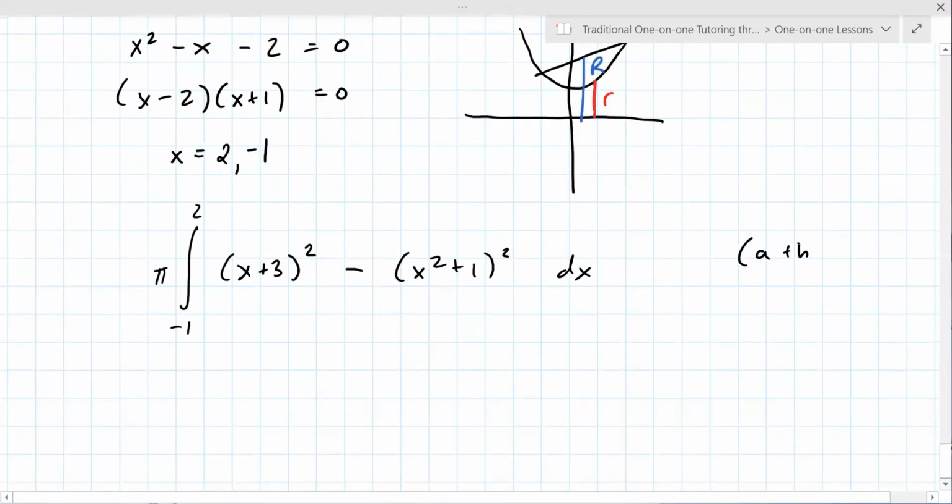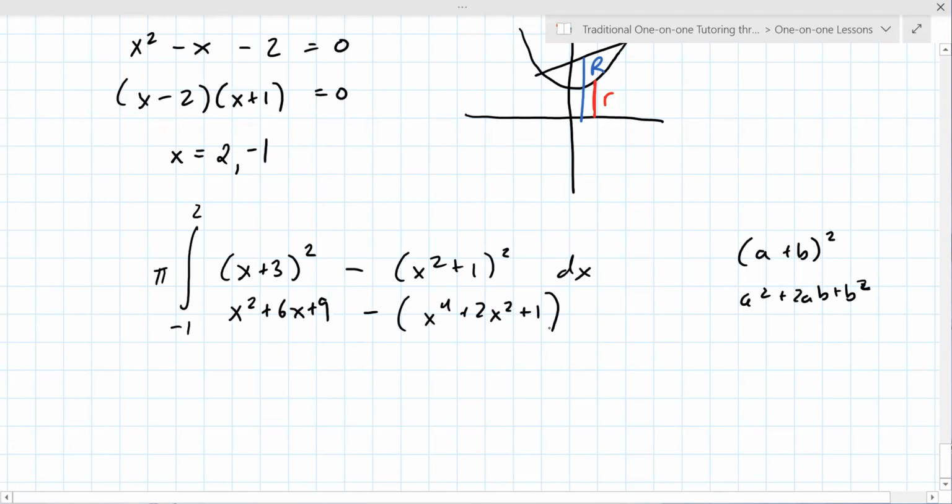As a reminder, a plus b squared is a squared plus 2ab plus b squared. That may save you some time on these. Plus 6x plus 9. And then you've got to simplify that, right? Yeah.